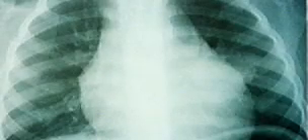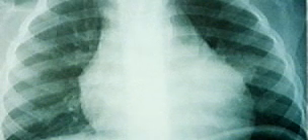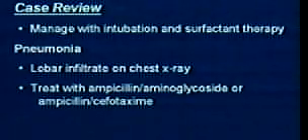As far as pneumonia, you would usually see a lobar infiltrate on chest x-ray. And what you need to be thinking about as a practitioner is what organisms would give me pneumonia in this particular age group. The organisms that you need to be thinking about would be group B strep, Listeria, and E. coli.